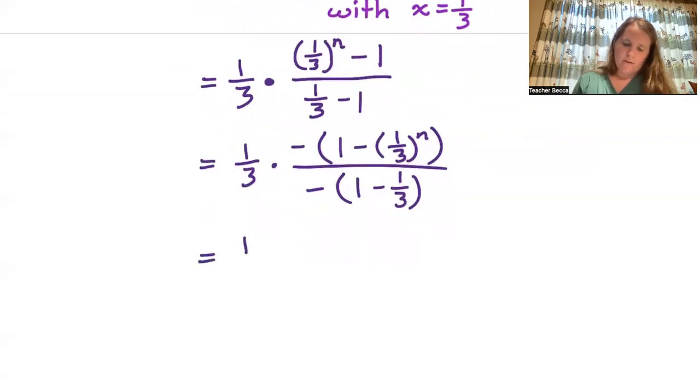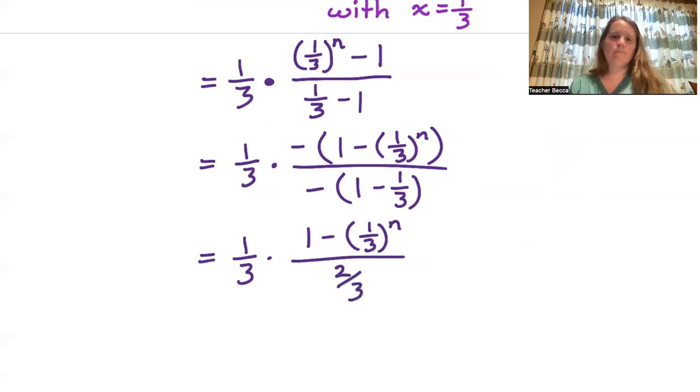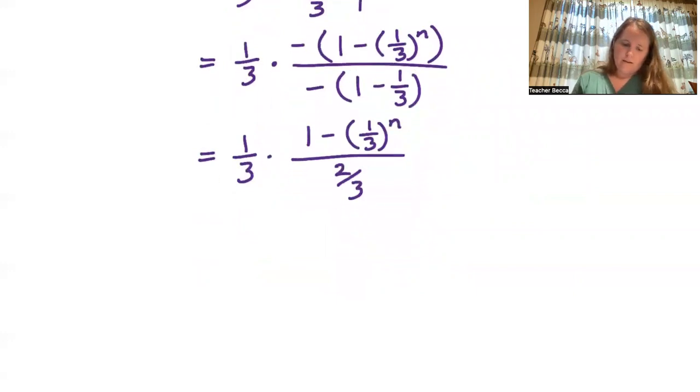So we have 1/3 times 1 minus 1/3 raised to the n divided by 1 minus 1/3, which is 2/3. And so this becomes 1/3 times 3/2, or 1/2 times 1 minus 1/3 to the n.